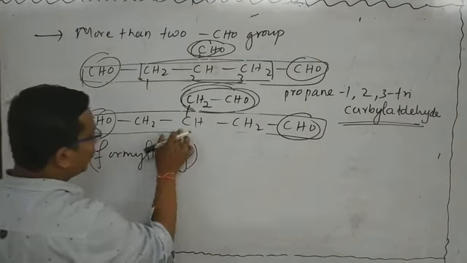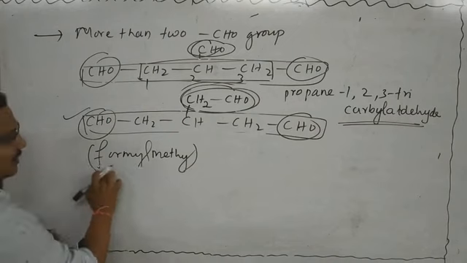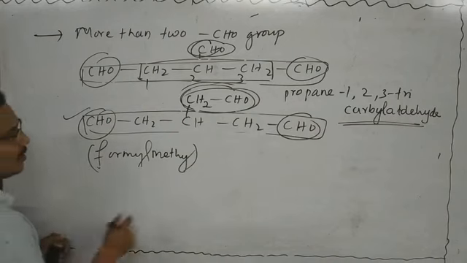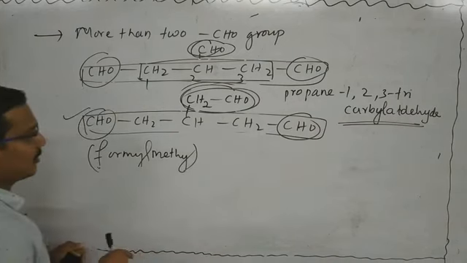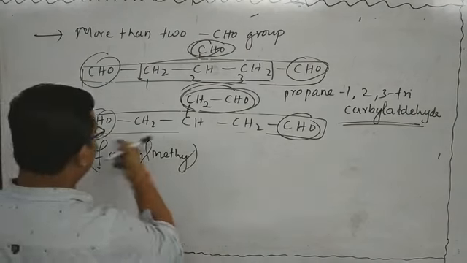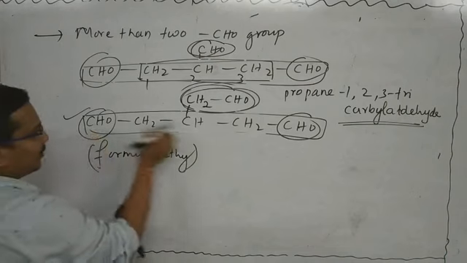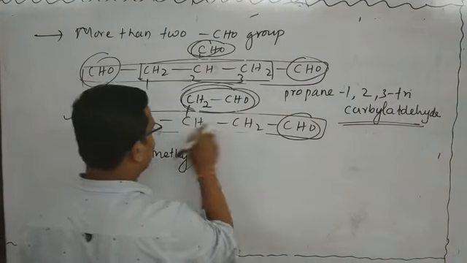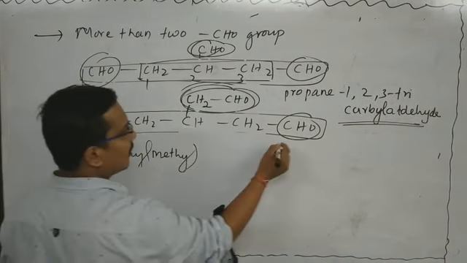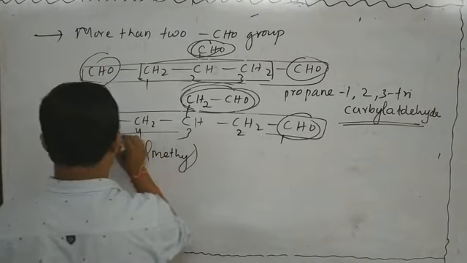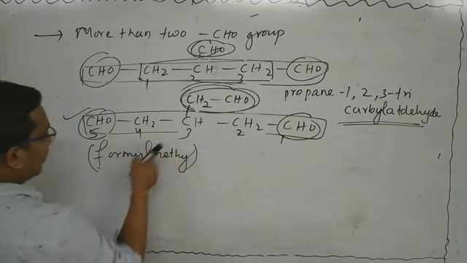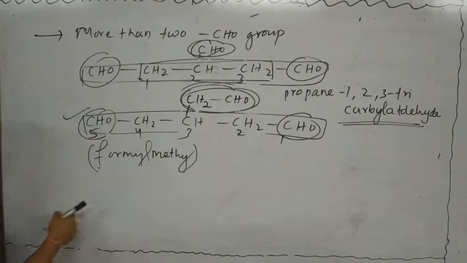And the locant of this side chain is what? It is clear only by giving the numbering. You can start numbering from left to right or right to left as your choice, because this position is the same. 1, 2, 3, 4, 5. At the 3 position this side chain, or substituent, is present.